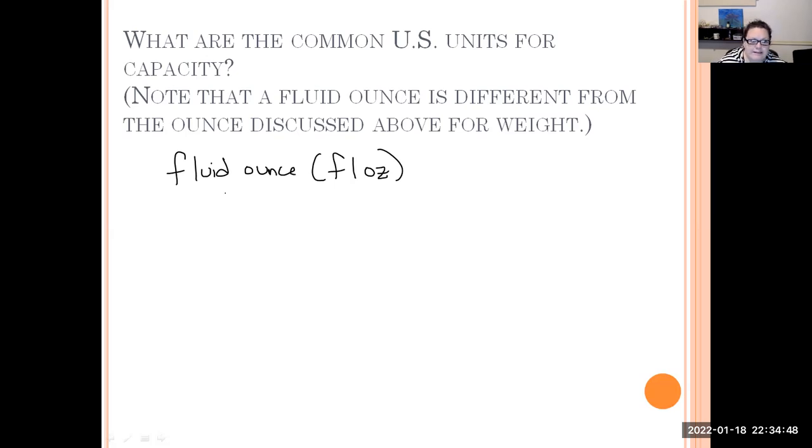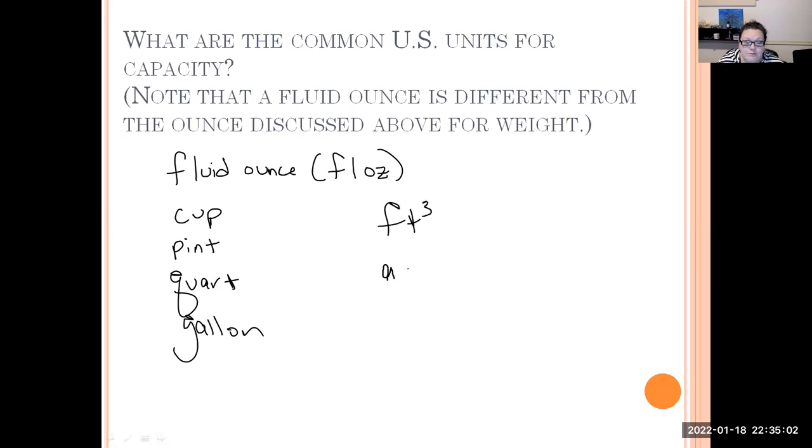The next thing is cup, pint, quart, gallon, keep going here, cubic feet, acre. Actually, would acre be capacity? It's area. Something to think about. Tablespoon, teaspoon, all of those are for capacity.